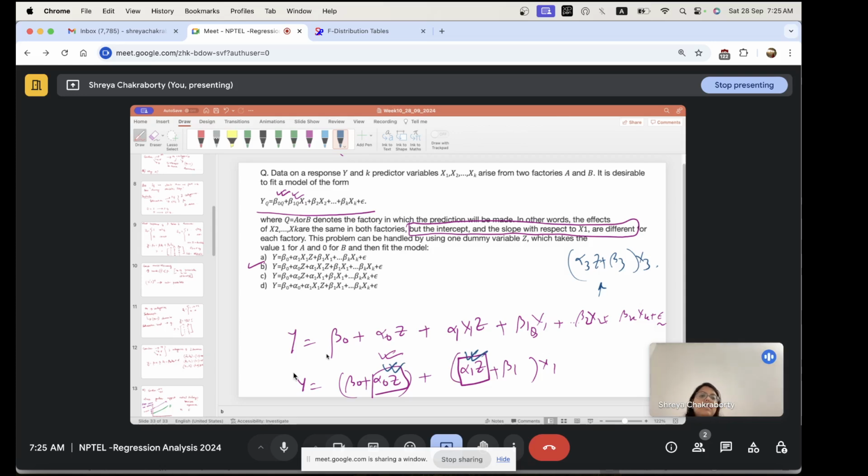Okay, so this is how standard regression modeling would happen.